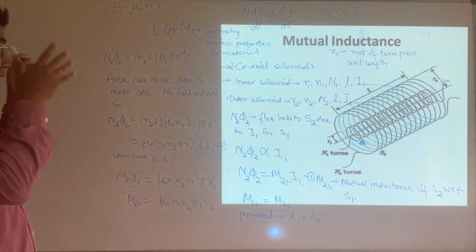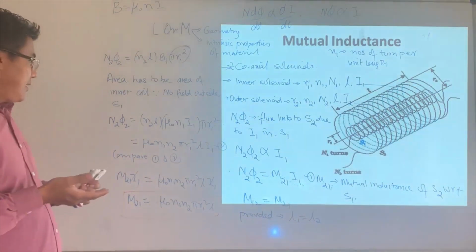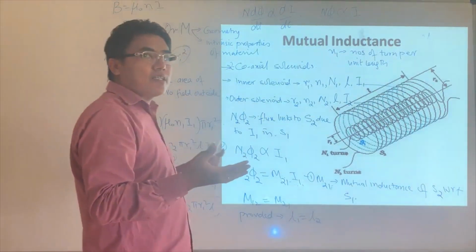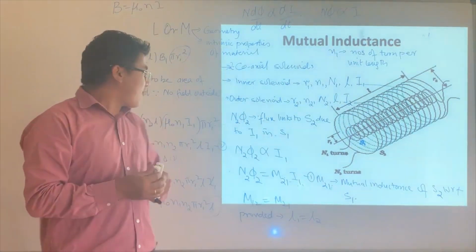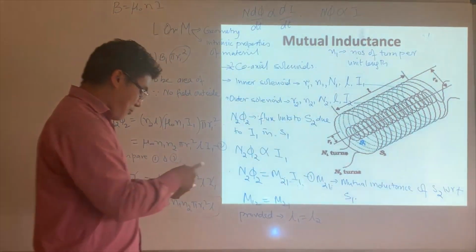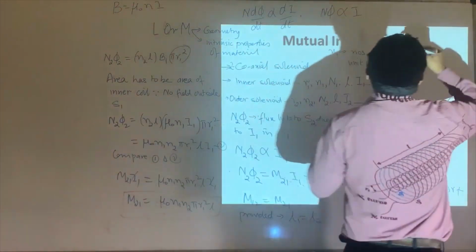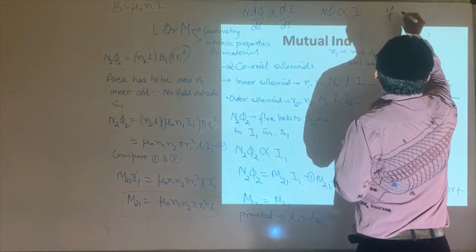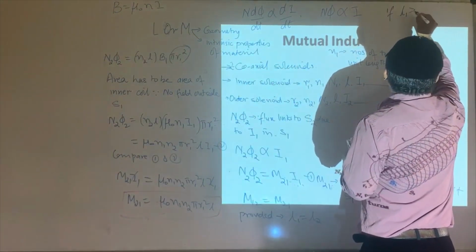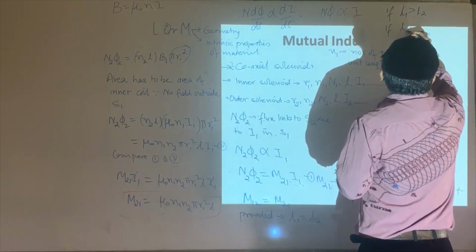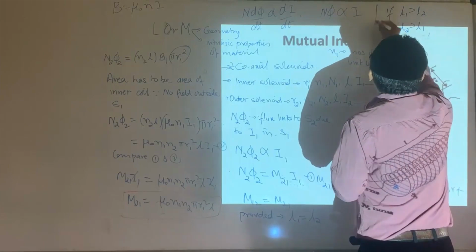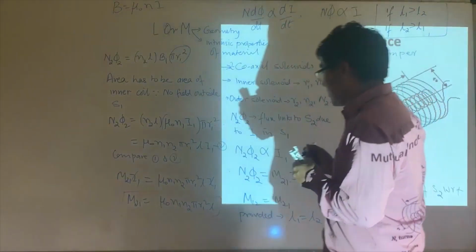And this is a problem I would like to give you. What about if L1 is not equal to L2? What about if L1 is more than L2? What about if L2 is more than L1? So kindly solve this.